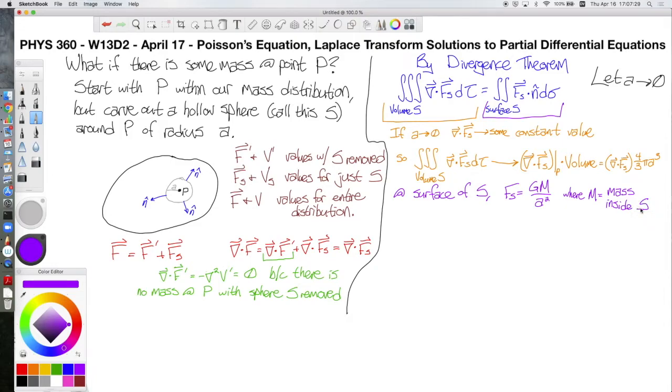So the mass inside of that sphere will be equal to the volume of the sphere times its density, so that we can say that M is equal to rho times 4/3 pi a cubed. And at the surface of S, the normal vector may point outward, but the gravitational force field is going to be pointing inward. So this means that our dot product will just give us the product of the two values with a negative sign.